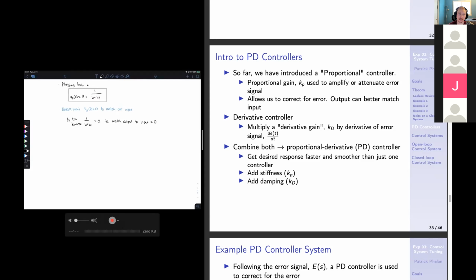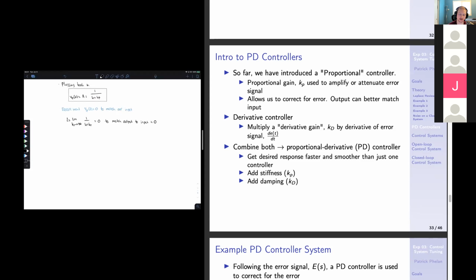We're going to be able to get to our desired response faster and smoother than if we just had one controller. So think about it. If we had a proportional controller that's only multiplying some gain or dividing by some gain value, it's not really a great way to adjust for the error of our system.